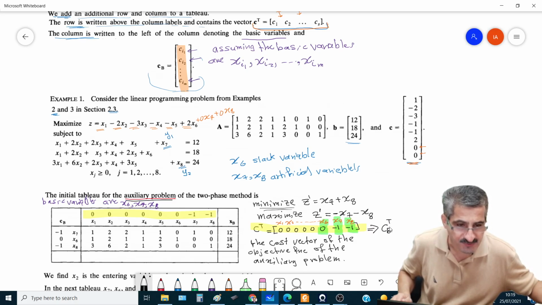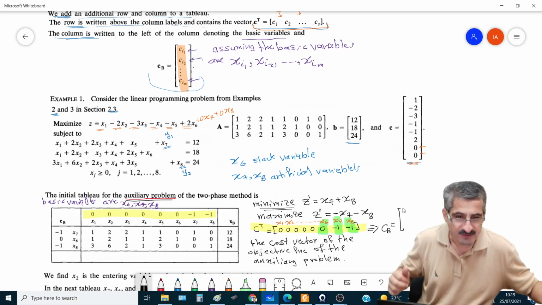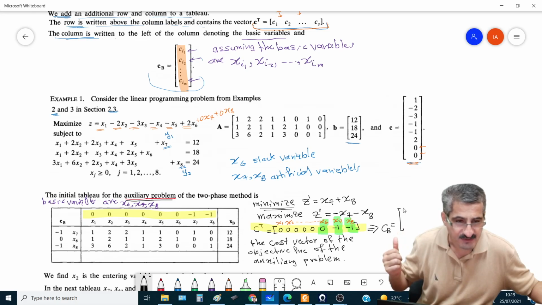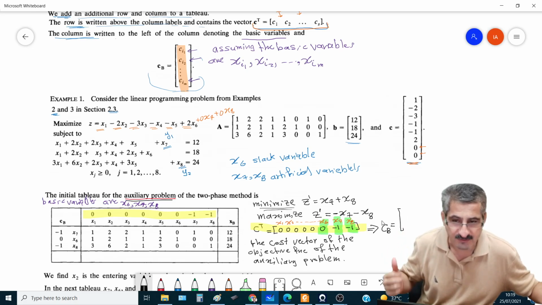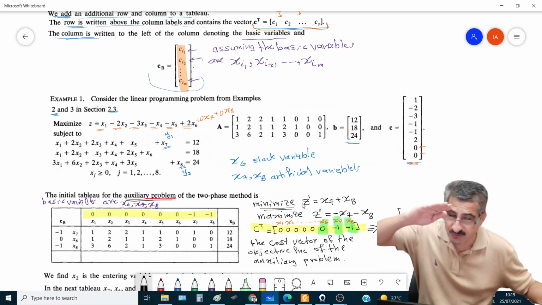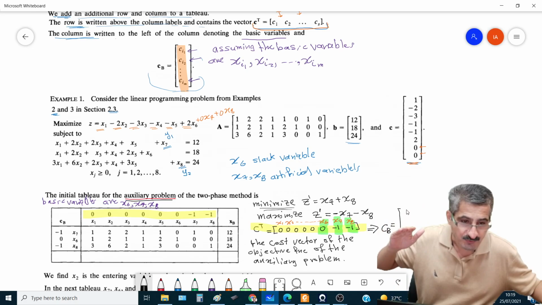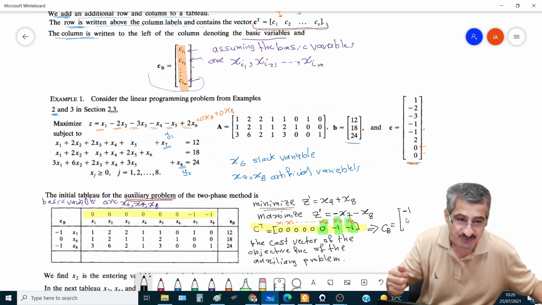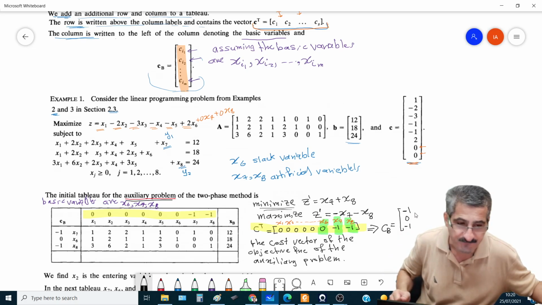CB transpose, which is our CB, let me just write it this way, which consists of 0 for x6, but pay attention to the order. X7 comes first in the first constraint. So we will go for the coefficient of x7, then x6 comes in the second constraint, so it is in the second coordinate, and x8 comes in the third constraint.